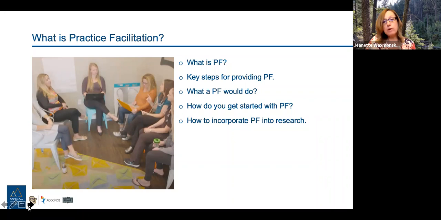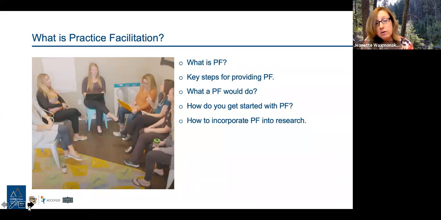This is really important when you're dealing with complex kinds of interventions that disrupt workflows, cause a lot of changes within practices, and it really takes an intentional, well thought out effort to help implement your particular intervention. And why do we do practice facilitation?